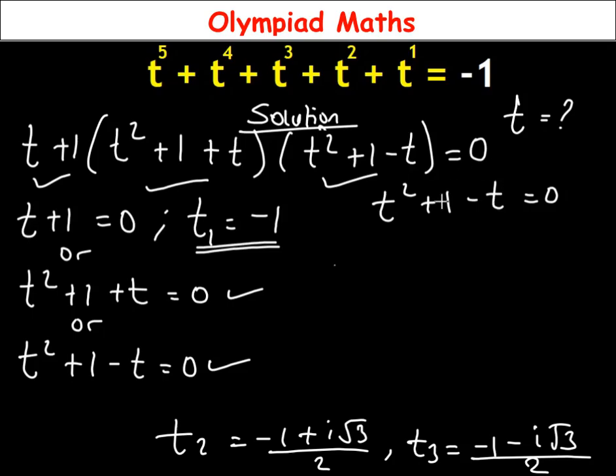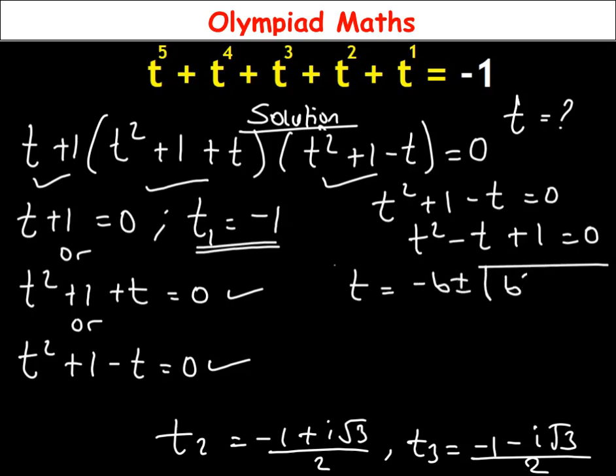So if we are to rearrange this, it becomes t squared minus t plus 1 is equal to 0. And this is a typical quadratic equation which we are to solve using a quadratic formula. So t is equal to minus b plus or minus square root of b squared minus 4ac all over 2a.